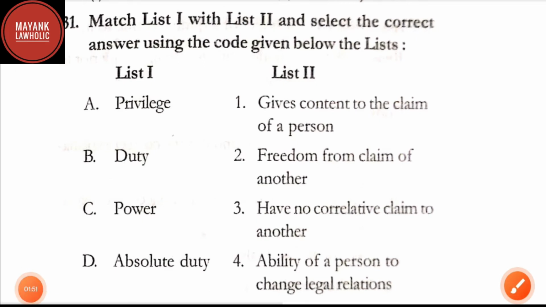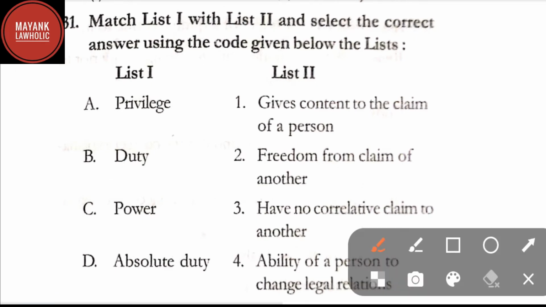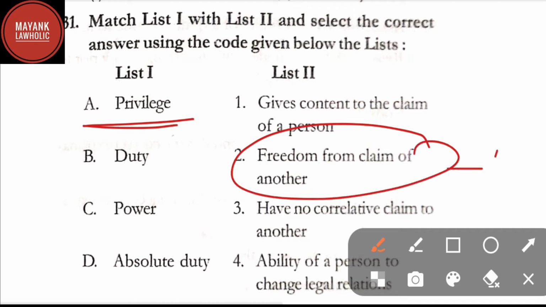Match list first with list second and select the correct answer by using the codes given below. Here in category A, privilege: the correct match will be freedom from claim of another. Duty: the correct match here will be gives consent to the claim of a person.